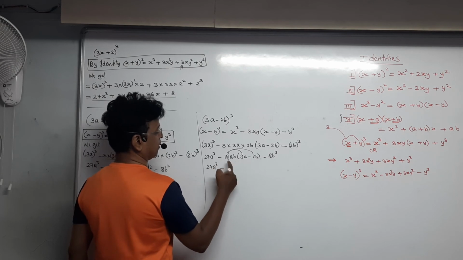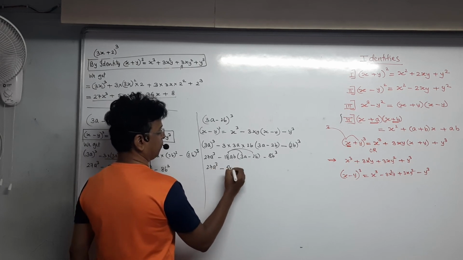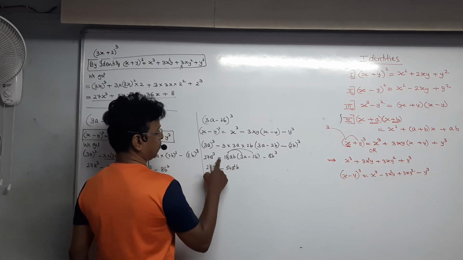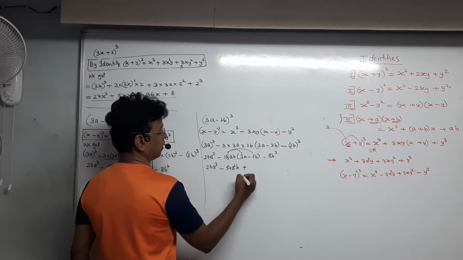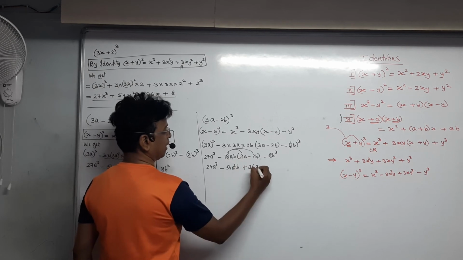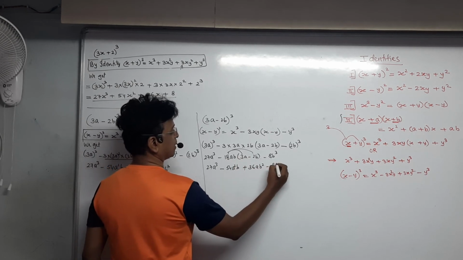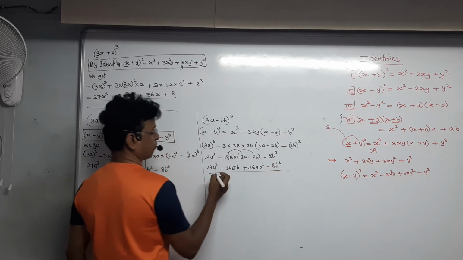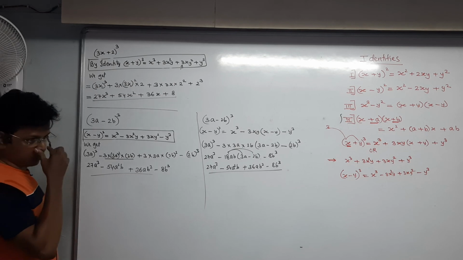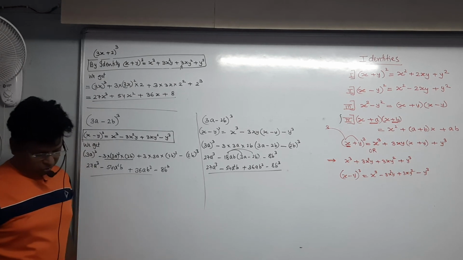Minus plus minus: 18 3s are 54a square b. Minus minus plus: 18 2s are 36ab square, minus 8b cube. See this answer of yours? Same, right? Understood? This is how you have to use this.